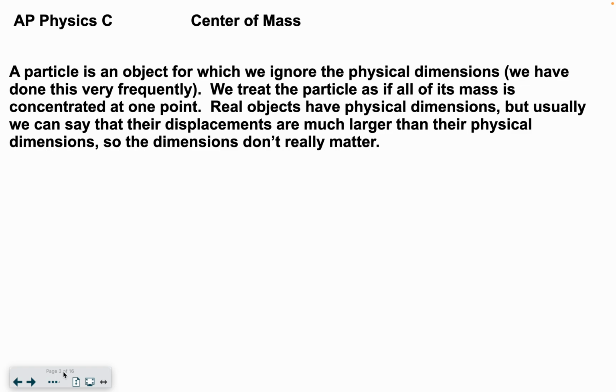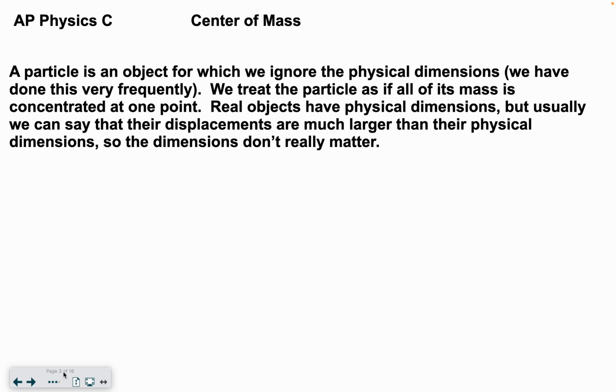So a particle is an object for which we ignore the physical dimensions. We have some experience with this when we model objects as a dot with force vectors acting on it. We treat the particle as if all of its mass is concentrated at one point.